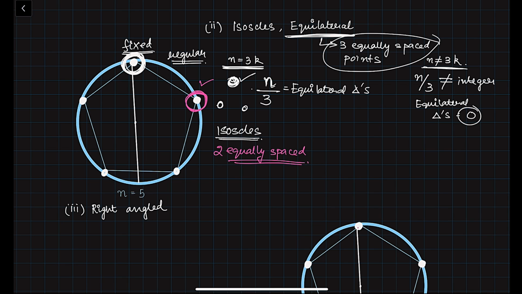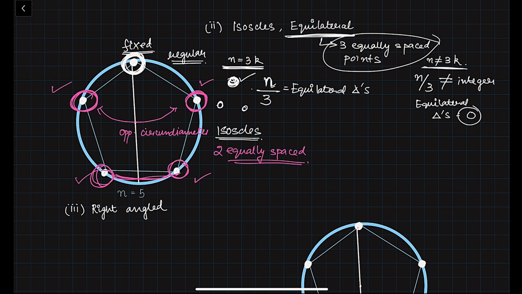Now which other point can we choose which is equally spaced from the fixed point? It turns out that this is the only option we have. So we see that these 2 points are on the opposite side of the circumdiameter. Similarly, if we choose this point, we need to choose this point, right, for symmetry.